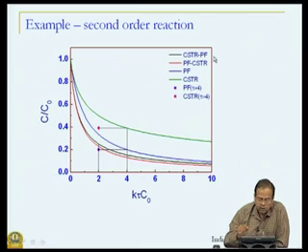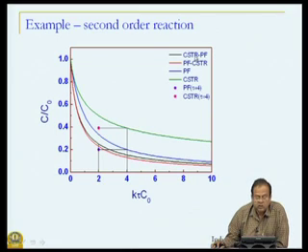For example, the black one is CSTR followed by a plug flow reactor. The red one is plug flow reactor followed by CSTR. The blue one is a plug flow reactor alone, and the green one is a CSTR.